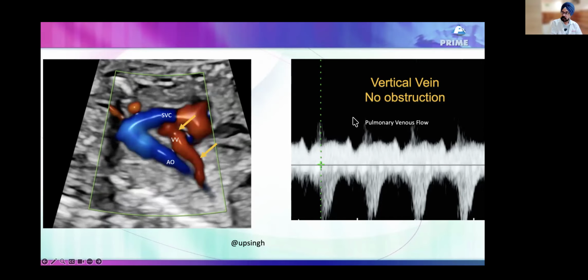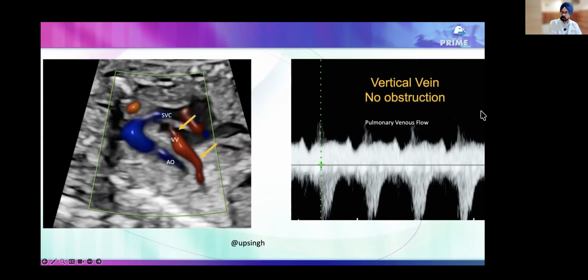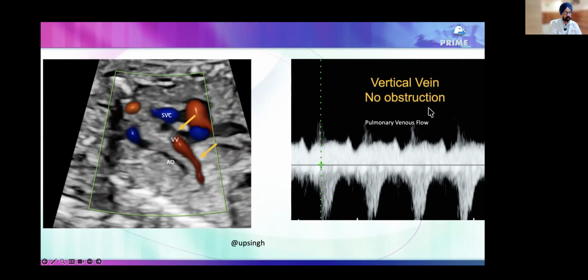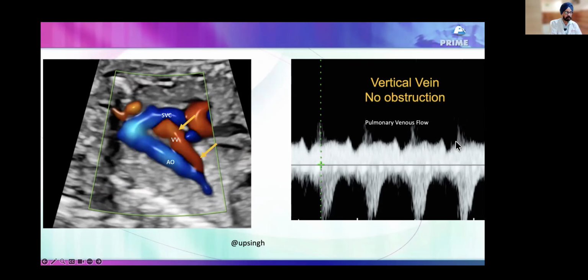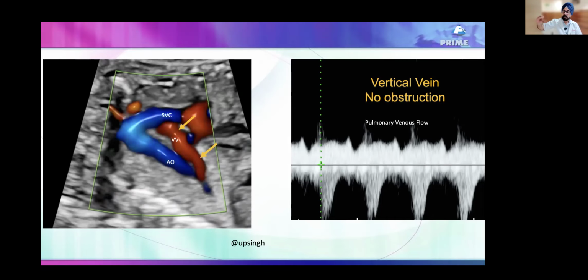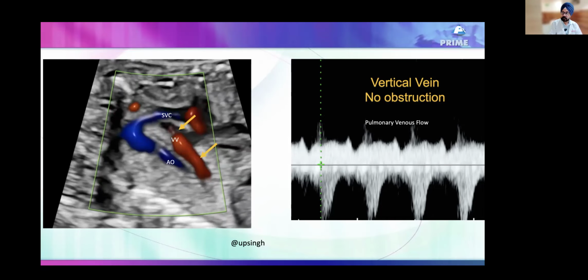If it is obstructed, at the level of obstruction, you would have higher velocities, more than 1 meter per second, and this would become flat. The pulsatility of the pulmonary vein is gone. So wherever you put the sample in the pulmonary vein, you get a continuous flow like your umbilical vein, right?